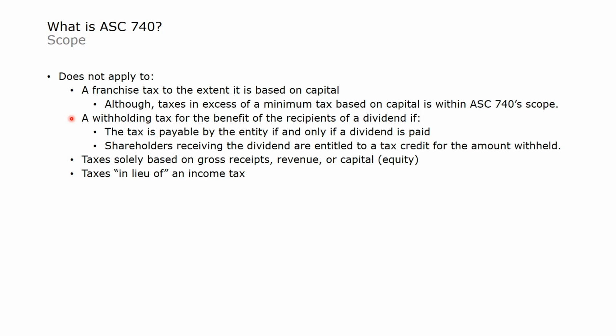For those who don't know what withholding tax is, you want to think about your paychecks. So when you get a paycheck every week, the company, or if you work for the university, is going to withhold tax from your check and deposit the net amount into your account.